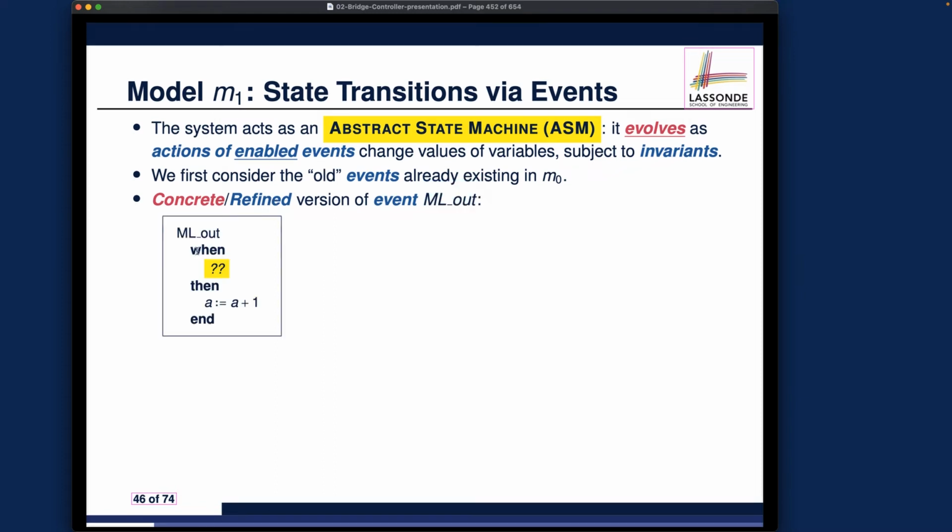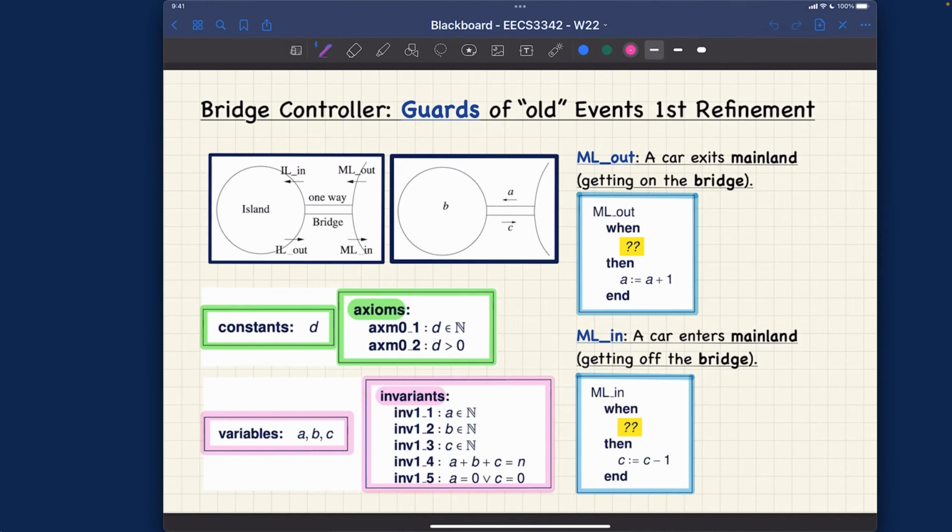Let's say for the ML out, I simply leave the guard here unspecified, but for now, let's only consider the action here. So A will become A plus 1. Let's think about exactly why the update should be the case. In the case of the ML out, why is the update A becomes A plus 1?